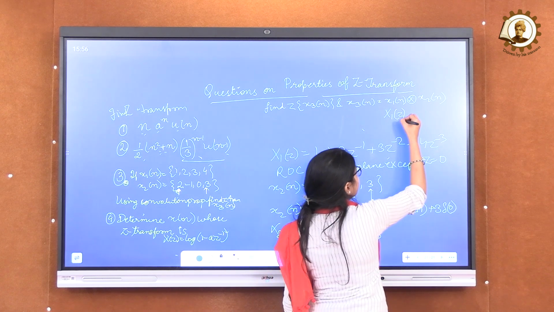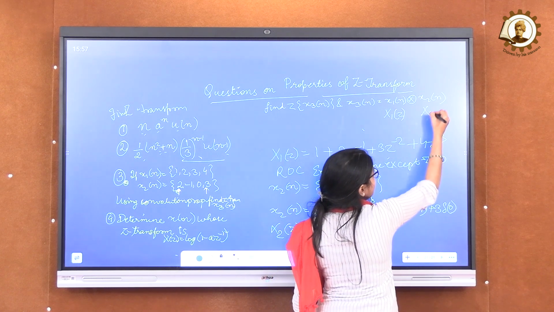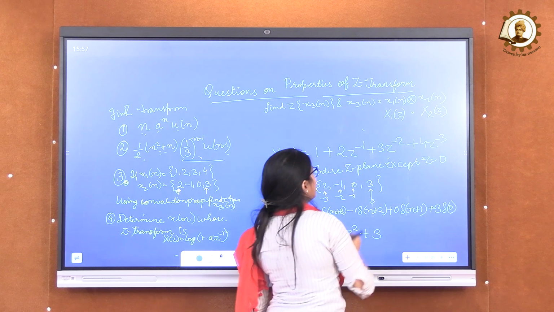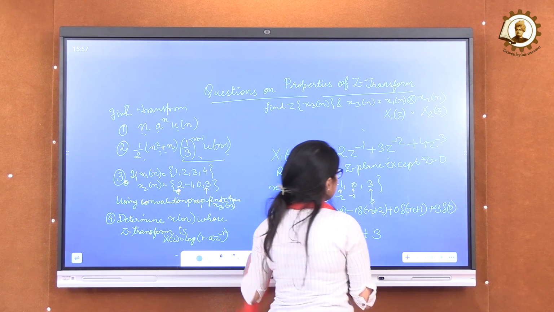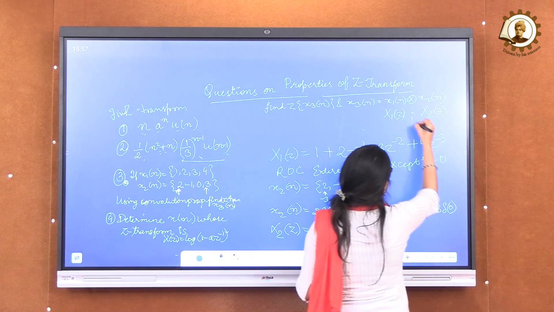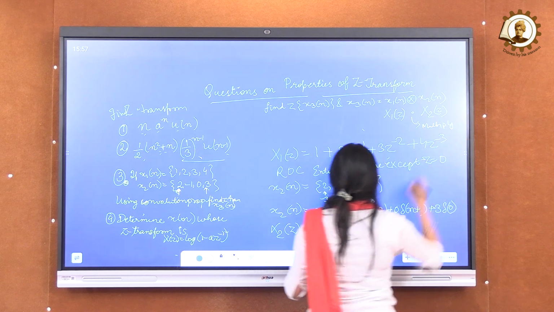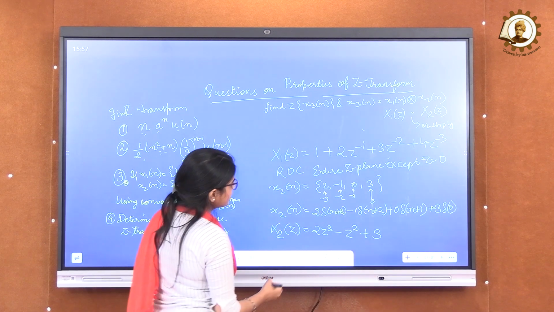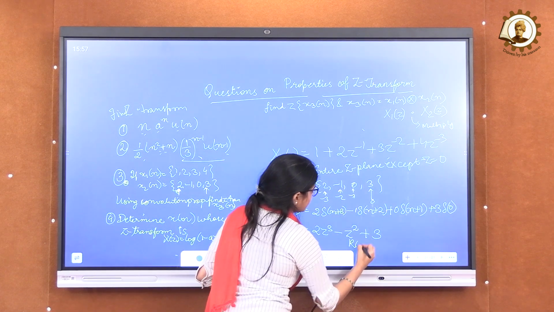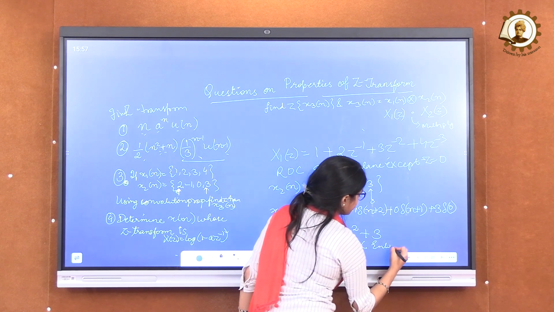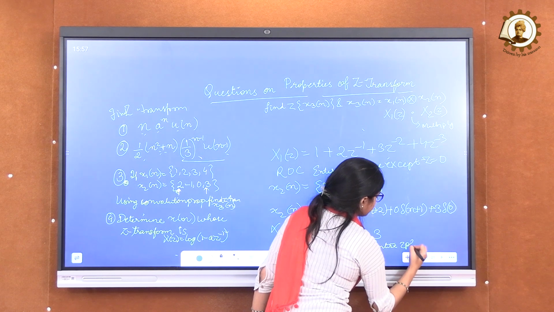Then we need to find the z transform of x2[n], which is X2(z), this also we have got, and then we just need to multiply them. We have already got these two, so I'll just keep the answers over here. Here the ROC will not include infinity. ROC will be the entire z plane except infinity.